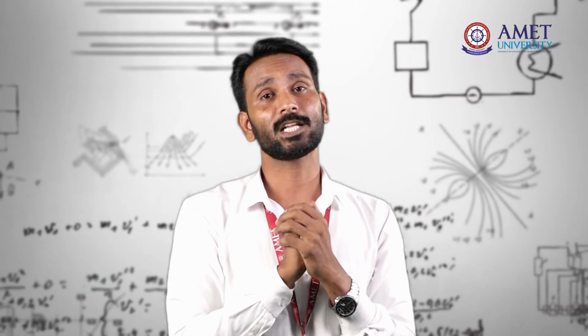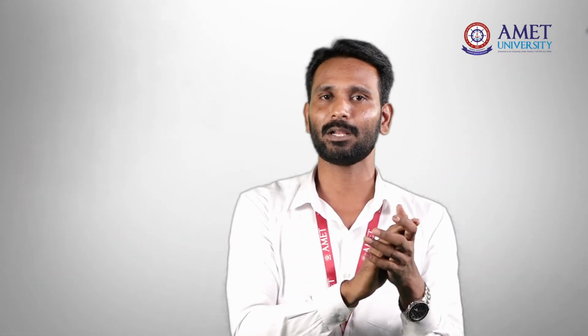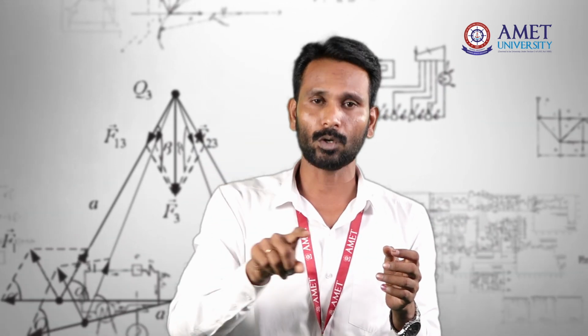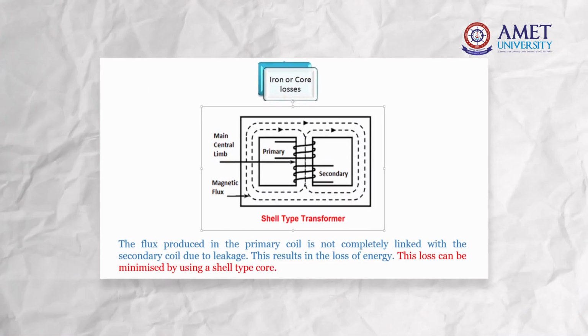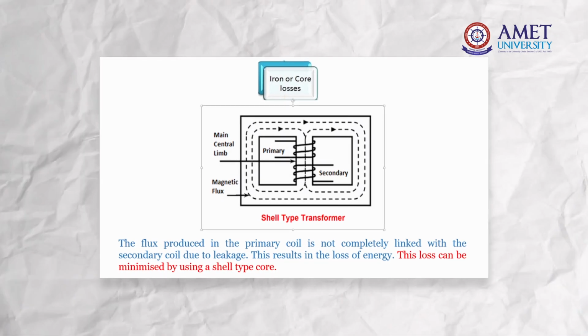When we use the shell type of core, when we pass current in the primary coil, maximum flux is connected to the secondary coil, so the flux leakage is minimized. By using the shell type of core, we can minimize this kind of loss.